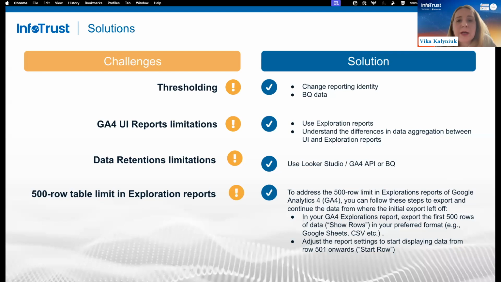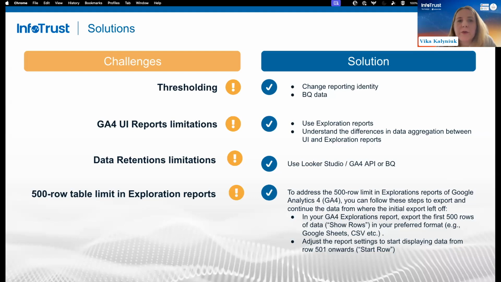We just wanted to highlight that it is by design, because UI and exploration reports will give you views of data at a different level of granularity, and there are also significant differences, for example, in the processing time between the two reports, which could lead to differences in data.